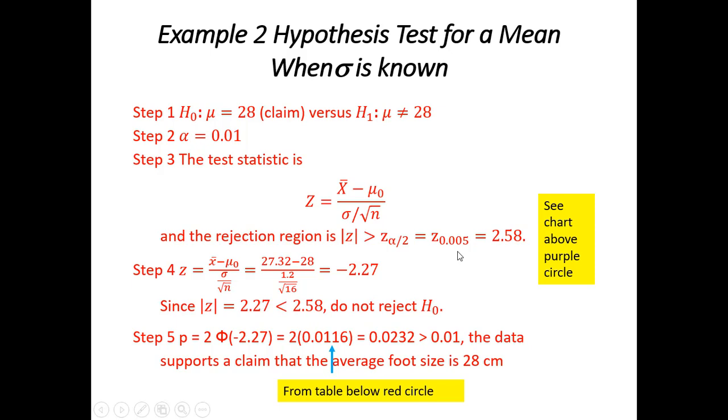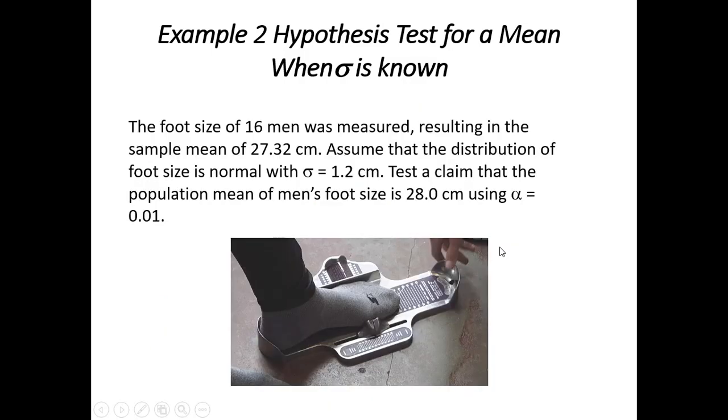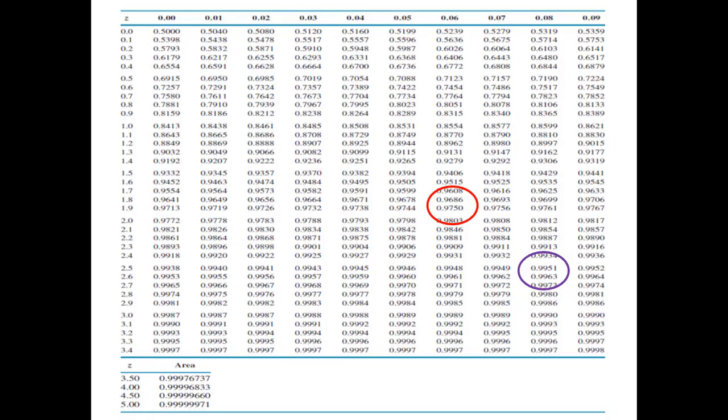In other words, we want to look at the area that has 0.005 to the right tail, and 0.005 to the left. Once again, we saw this just before, our value would be 2.58. You could see this right over here.